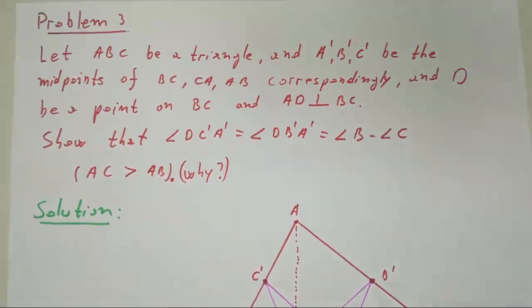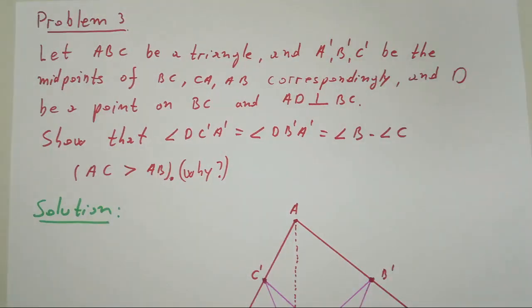I'm waiting for your answers. The question is why AC should be bigger than AB.